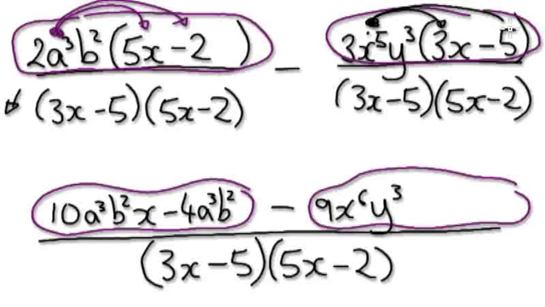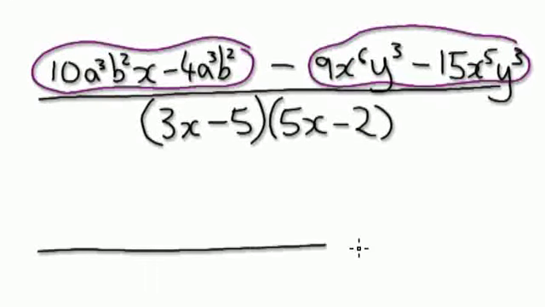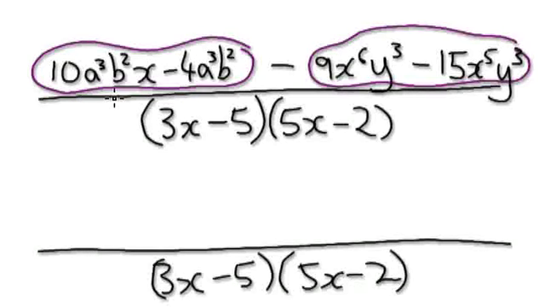Now this times this will be minus 15x to the power 5, y to the power 3. Okay. Now the hard part. Hang on. Let me take this down first. 5x minus 2.